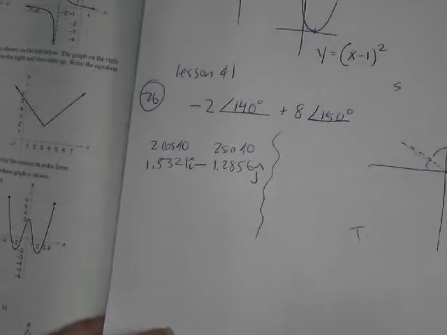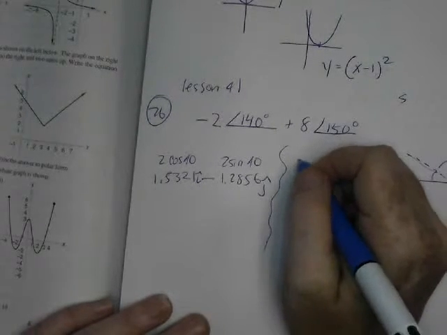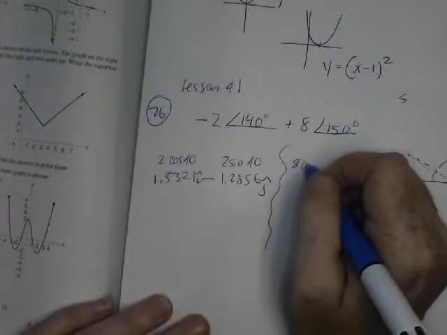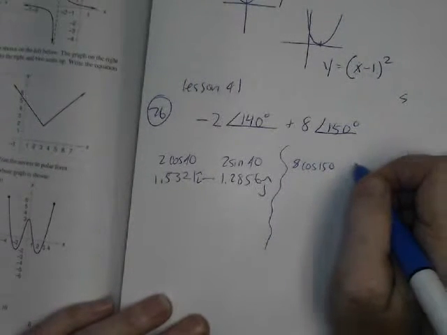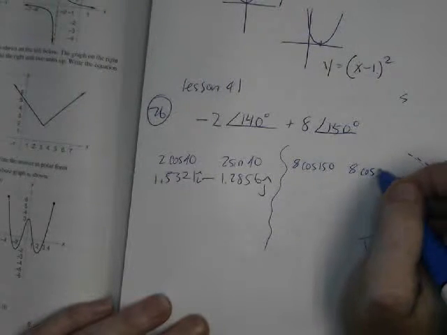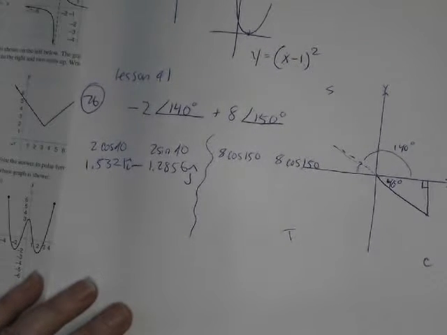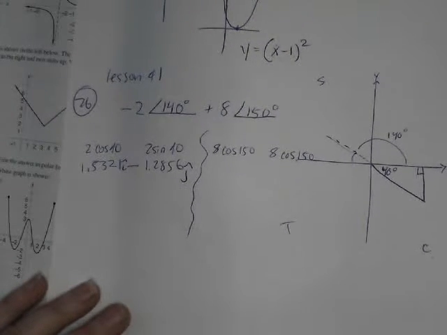And then this one again, hey, do I even need to draw it? Well, you know, because you know you're just gonna go like this. 8 cosine 150. Are there those of you in here who don't feel like they need to draw it anymore? Sure. Yeah, I can see what you're doing.